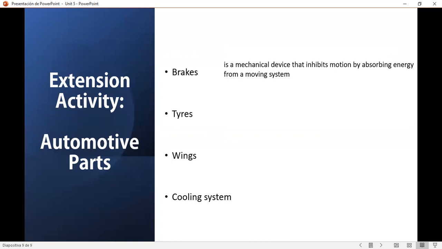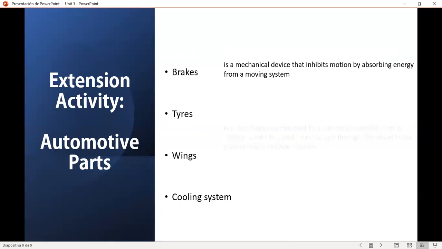These components are made of rubber, with air or nitrogen, and it depends on the vehicle. It is a good element of wear in the car, no?